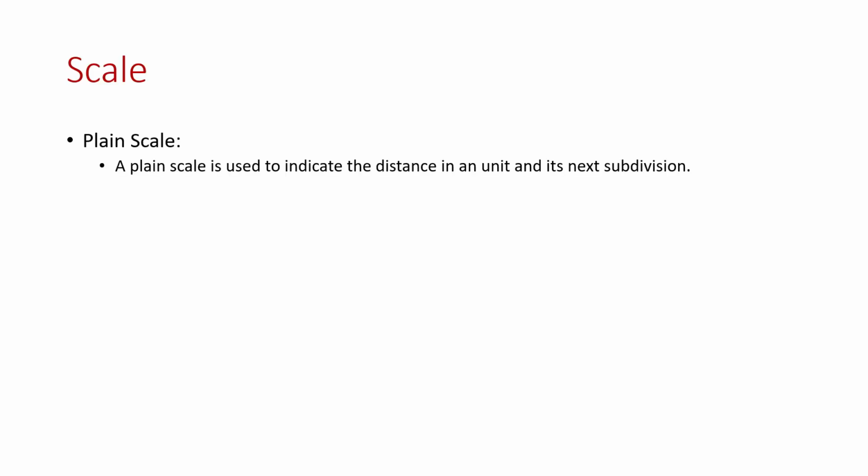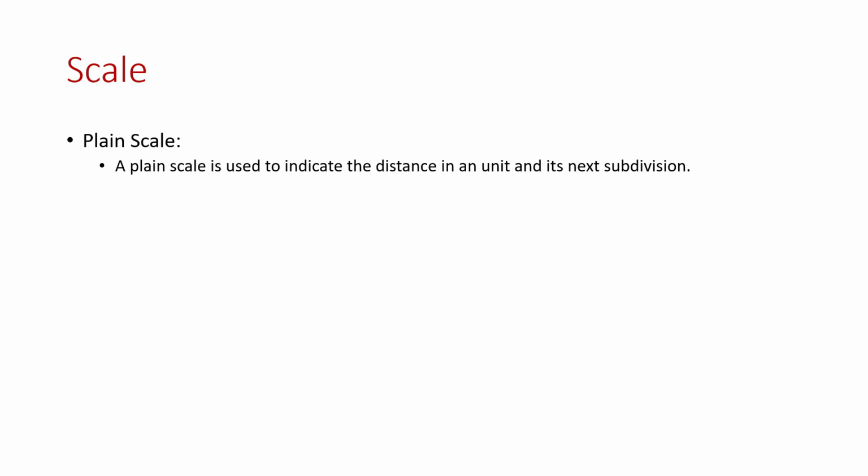The first scale is the plane scale. A plane scale is used to indicate the distance in a unit and its next subdivision. So in all three scales, the plane scale, diagonal scale and vernier scale, we can measure the distance. The difference is how minutely you can measure the distance.